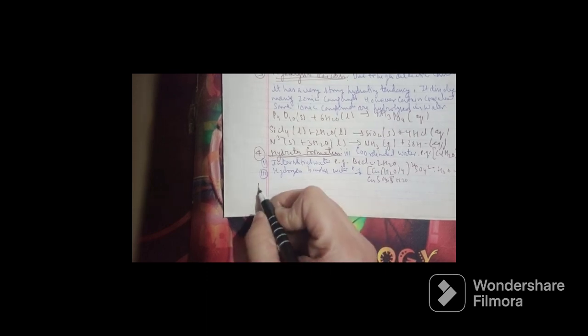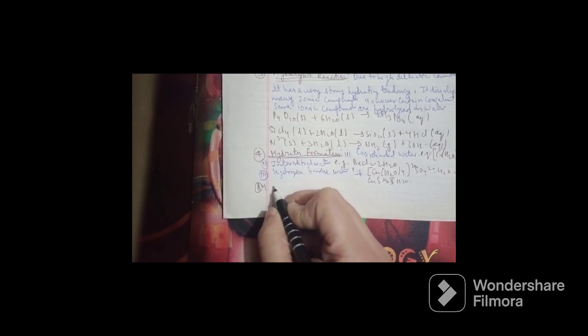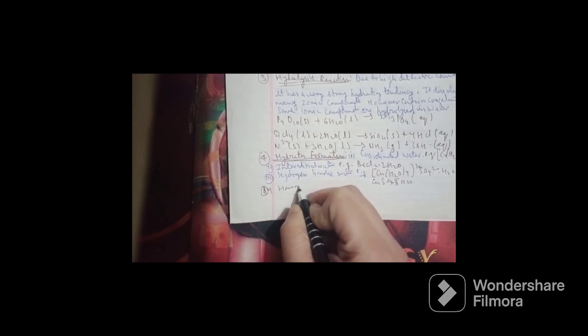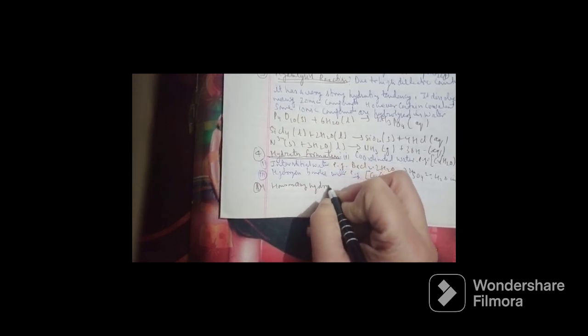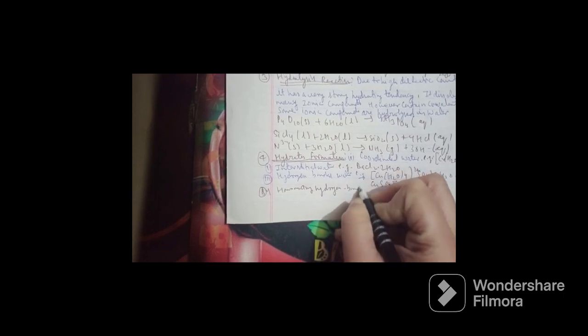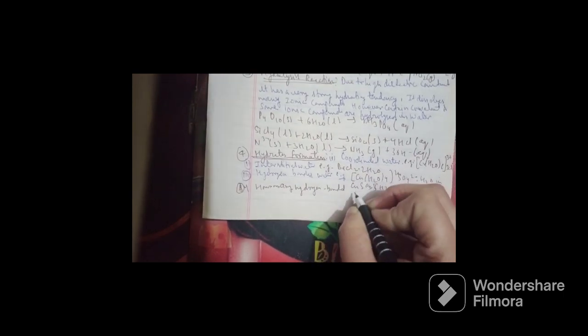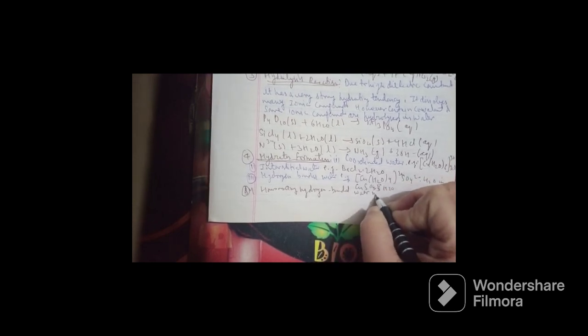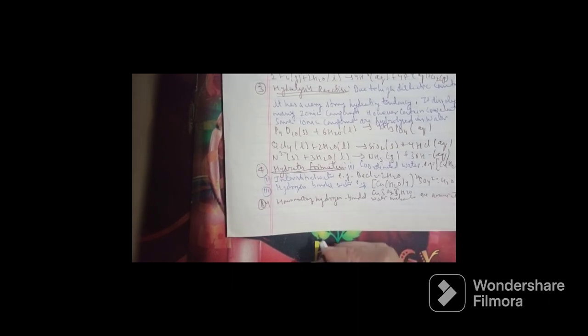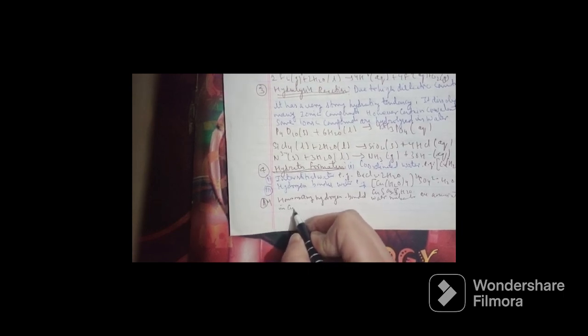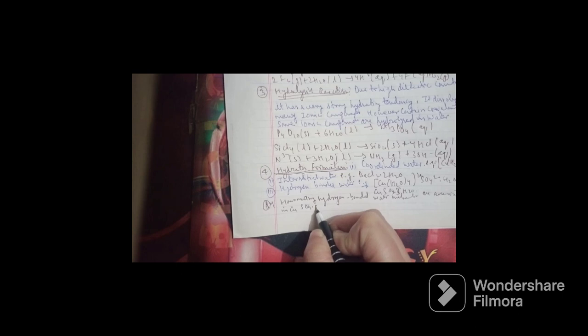So we go for the same. Question 4: how many hydrogen bonded water molecules are associated in CuSO4 dot 5H2O?